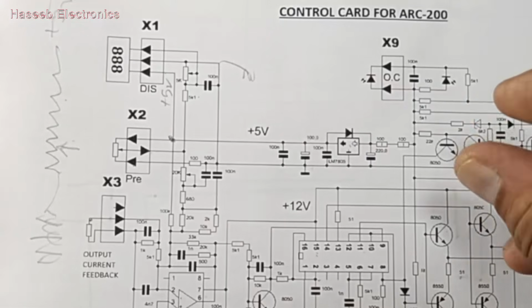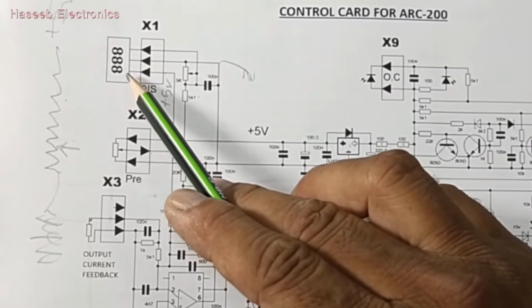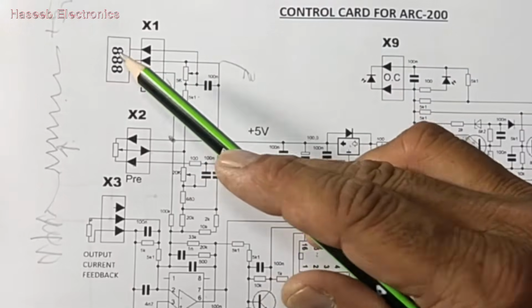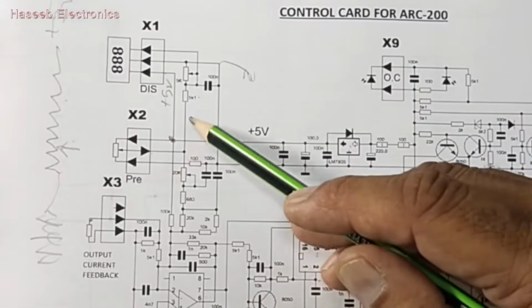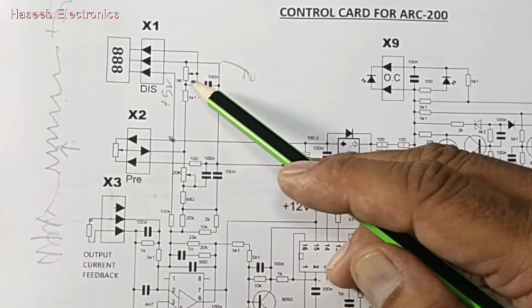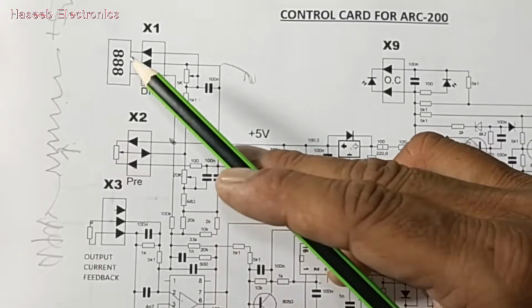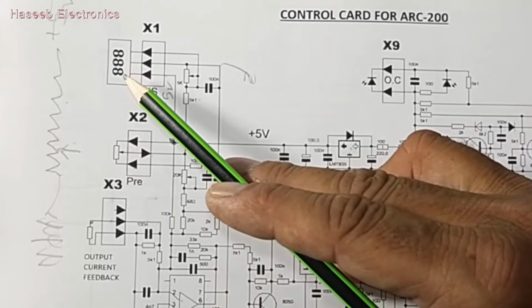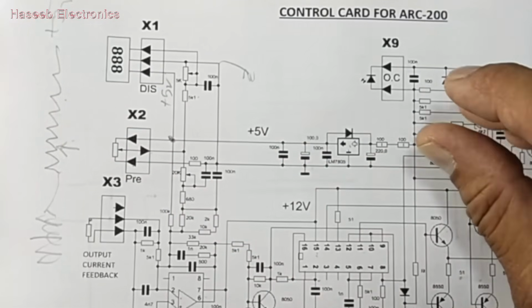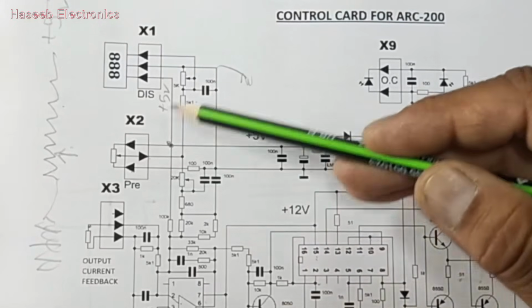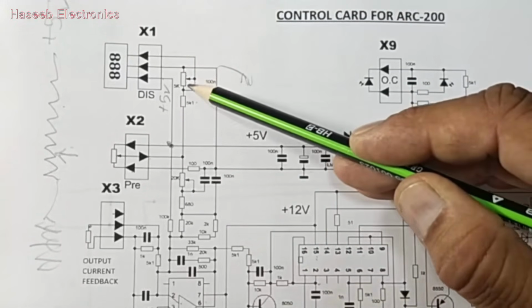If we set it to 0, the multimeter will show 0. If we set it to mid-range, it will show 100. That means this voltage is reaching from here. So we have to calibrate. Sometimes if we set to 0 and it is showing some amount of voltage, some amount of ampere, for example 10 ampere, 20 ampere at 0 of the potentiometer, you have to adjust this potentiometer.